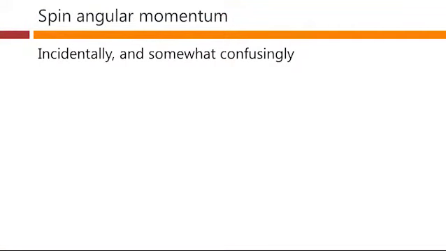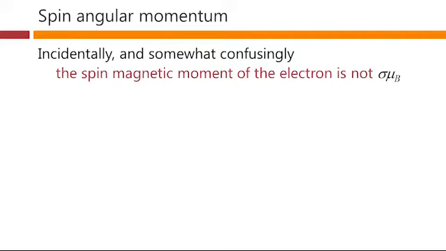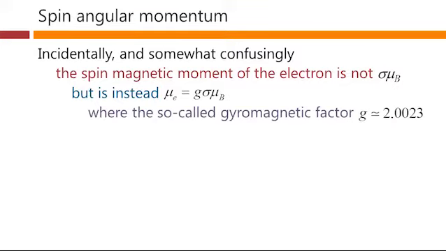Incidentally, and somewhat confusingly, the spin magnetic moment of the electron is not actually just sigma times the Bohr magneton. The orbital angular momentum magnetic moment was just m times mu b, but for the electron, actually we get another factor in here, g, called the gyromagnetic factor, and it's not even an integer.